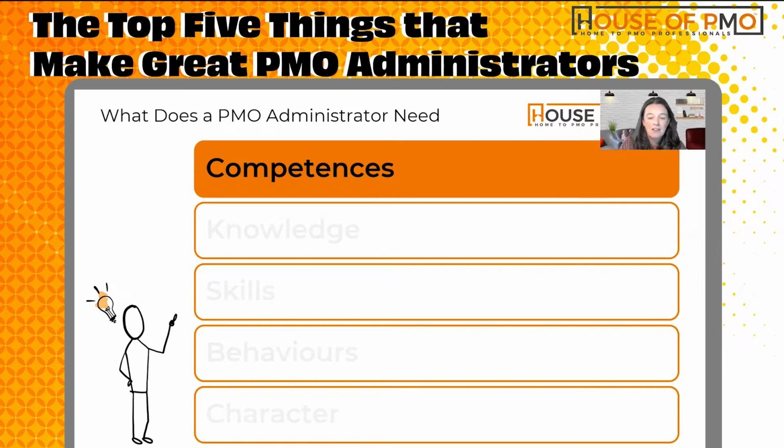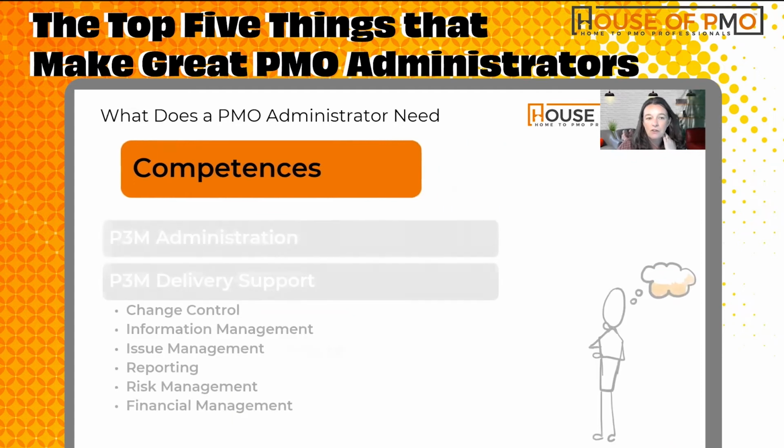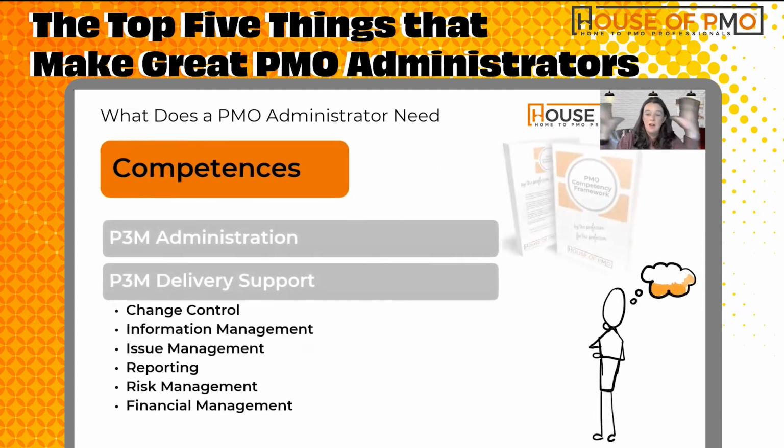So we use knowledge, skills, and behaviours to help us perform those tasks and activities, and those tasks and activities are some of the things we've just talked about. So competencies are about this combination that allows you to do this job well. When it comes to a PMO administrator, it generally falls into two large buckets, for want of a better word.